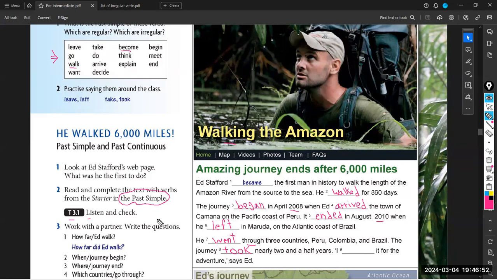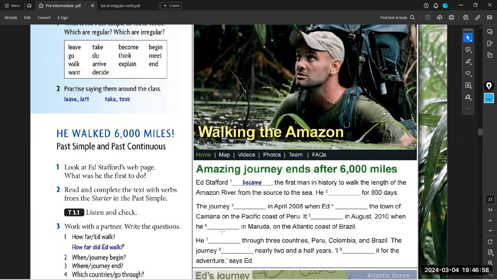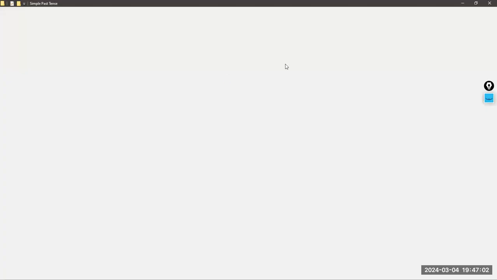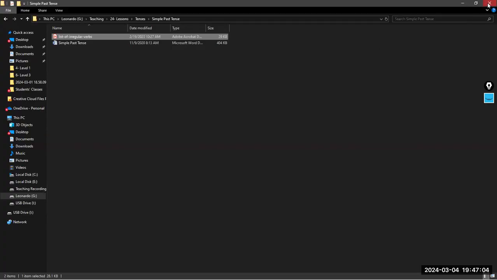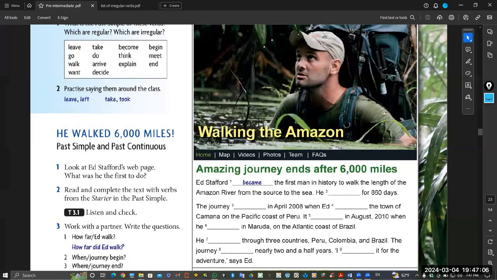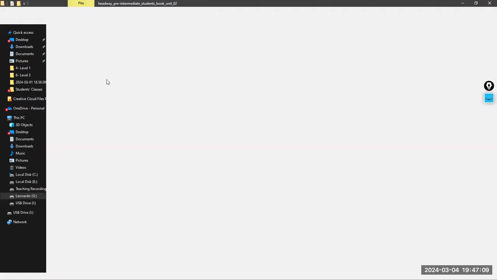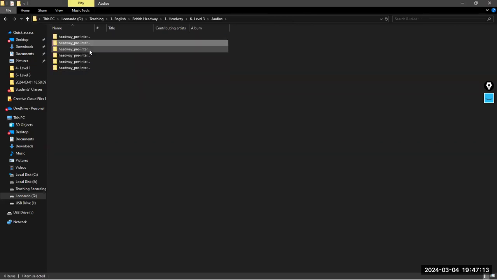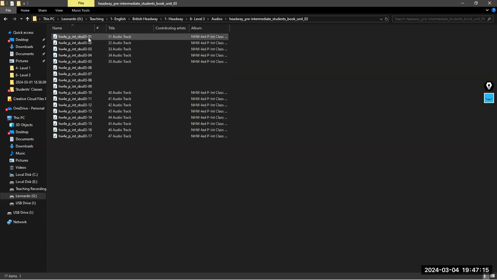Okay, I suggest to listen to the recording, just to listen again to the verbs that we have to use. It is 3.1, so this is the beginning of Unit 3. That's amazing. Let me play the first recording.